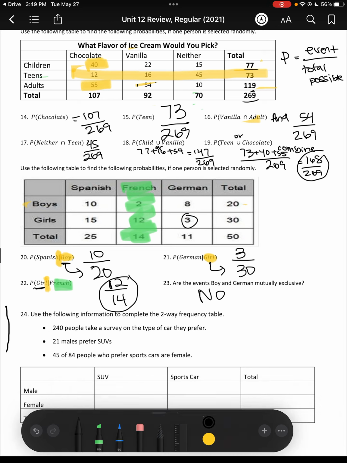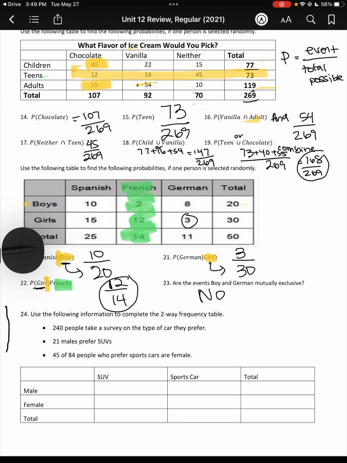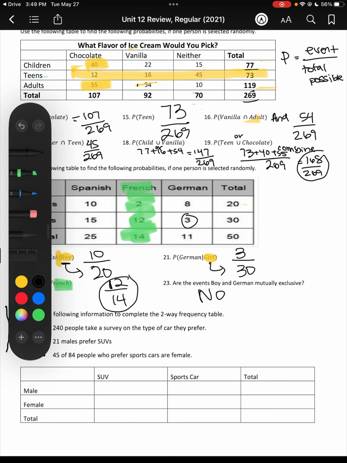All right, the last question here on our review today is taking one of these problems and making our two-way table. So our two-way table here tells us 240 people took this survey. So that is going to be our total, and it goes down here. 21 males prefer SUVs.